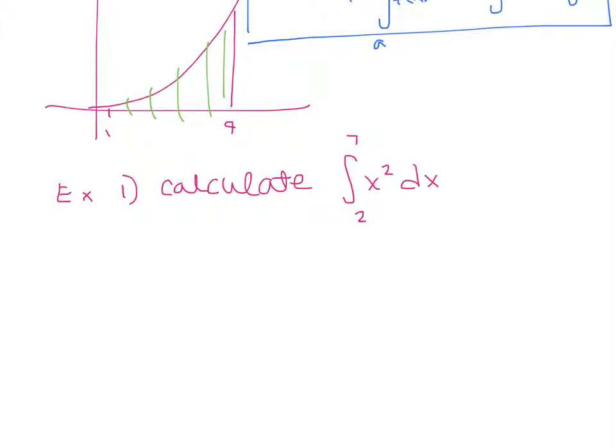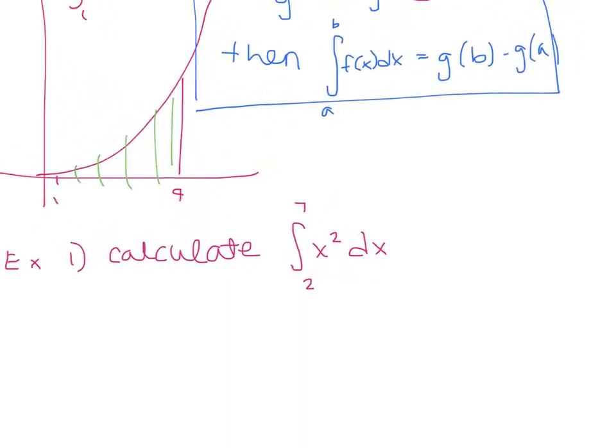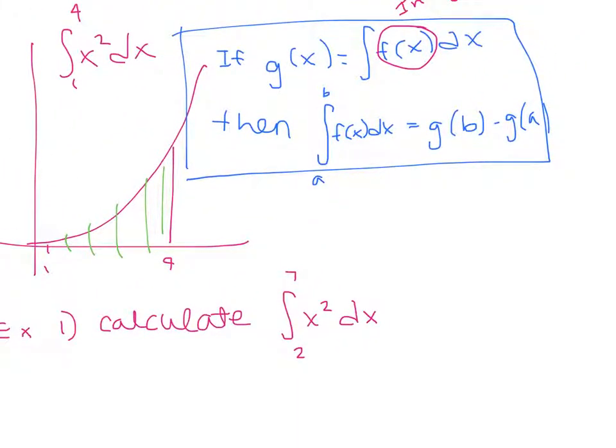So in order for me to apply my fundamental theorem of calculus, I need to be able to take my integral, okay? So first I need to figure out what is the integral of x squared. Ignore the endpoints for a second. We just got to figure out what the integral of x squared is. And hopefully you know that your integral is your antiderivative. So my integral of x squared would be 1/3 x cubed.